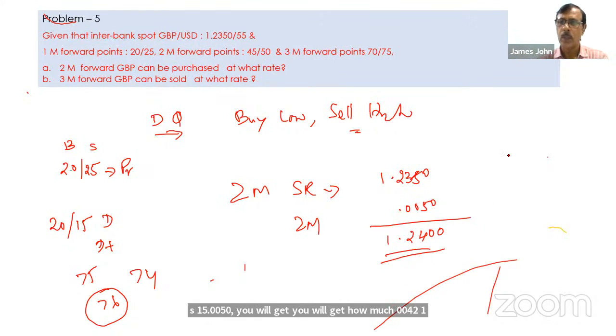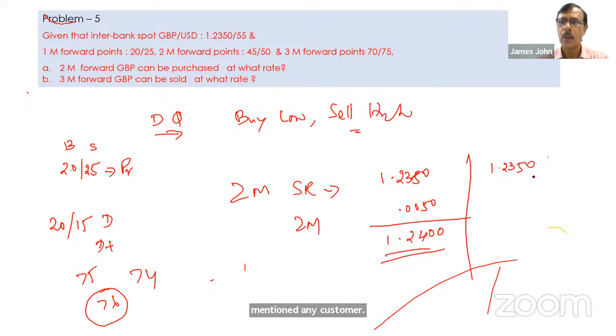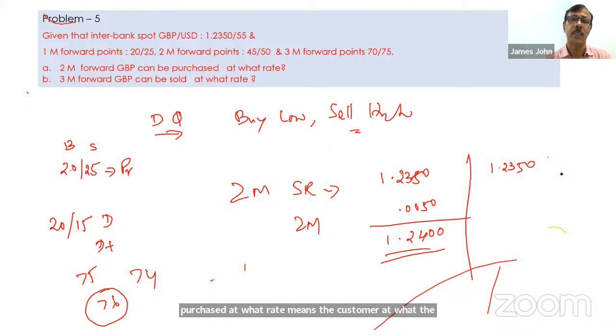Sir, one doubt. If no customer is mentioned, then it will be in the view of the bank only, no? No, you have to look at the question. Here it is, 2-month forward GBP can be purchased at what rate? That means at what rate the customer can purchase it.